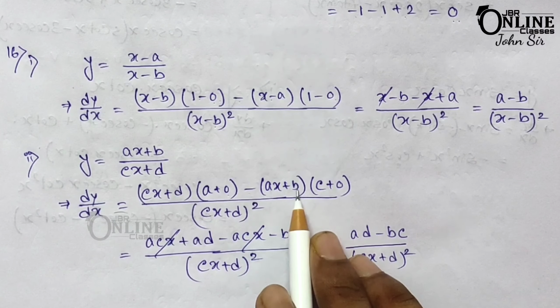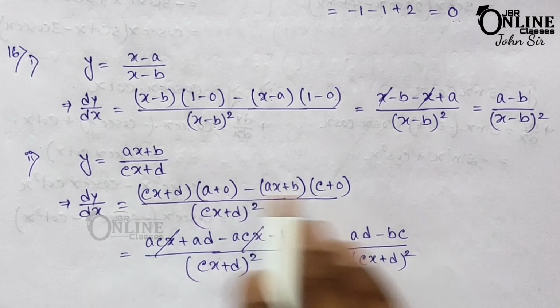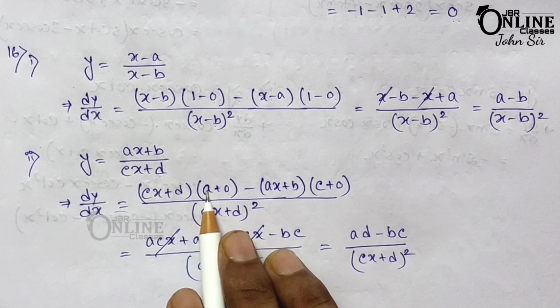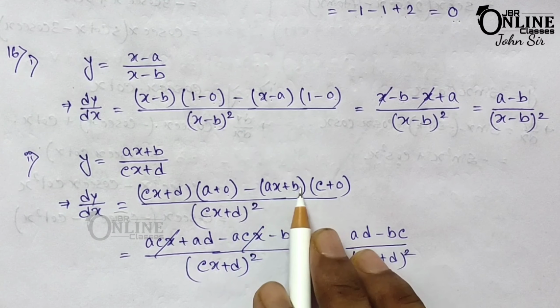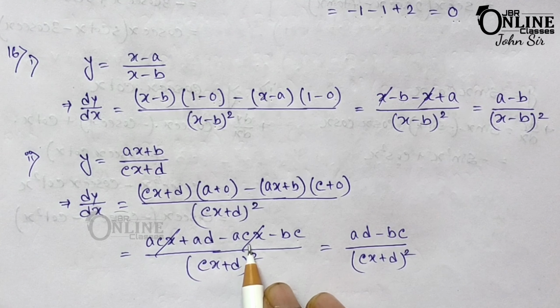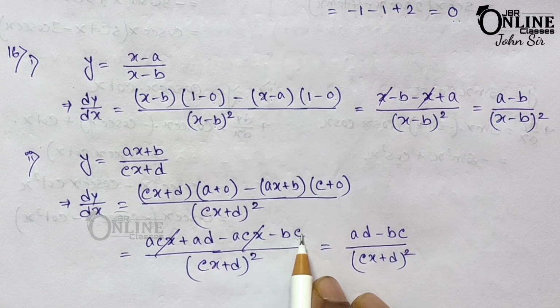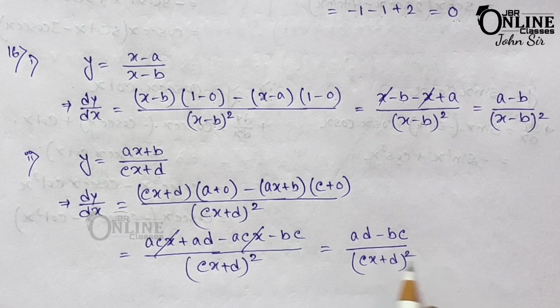Next here ax plus b, write down the first one, then the derivative of the second one, and it will be c plus 0. Okay, then a multiply with this one, acx plus ad, and here c multiply with this one, acx minus bc. So acx cancel out, it will be ad minus bc. Okay, so ad minus bc by cx plus d whole square is your answer.